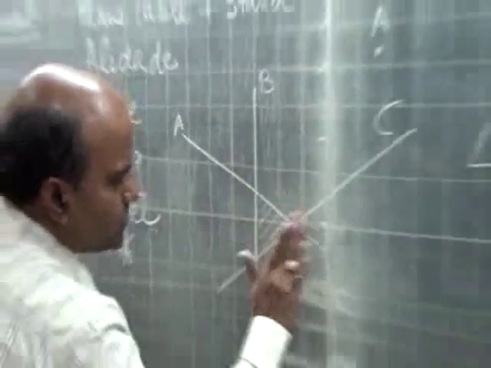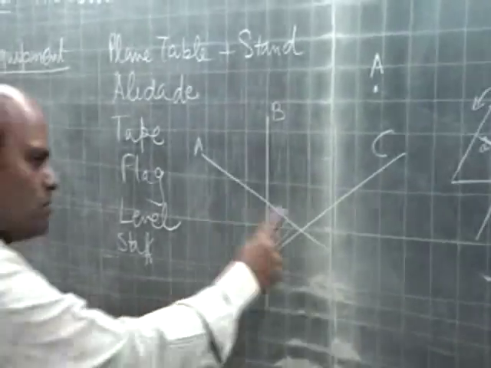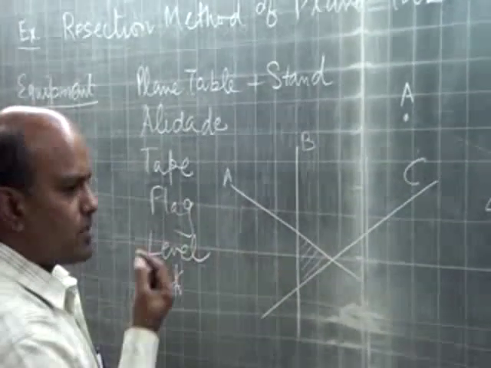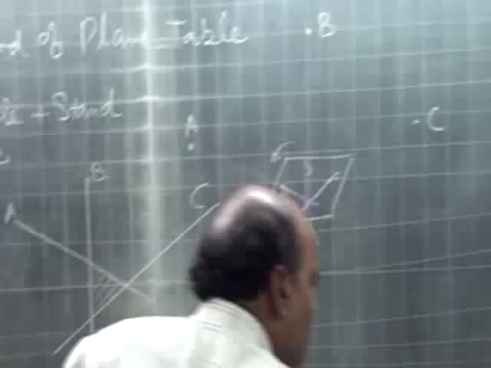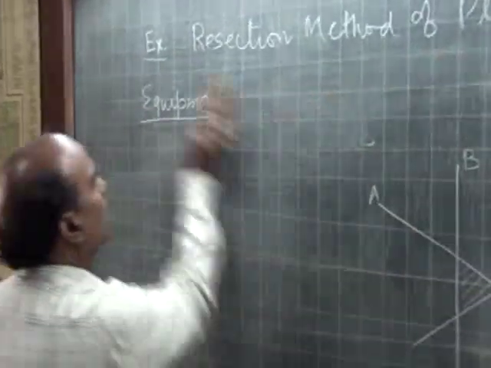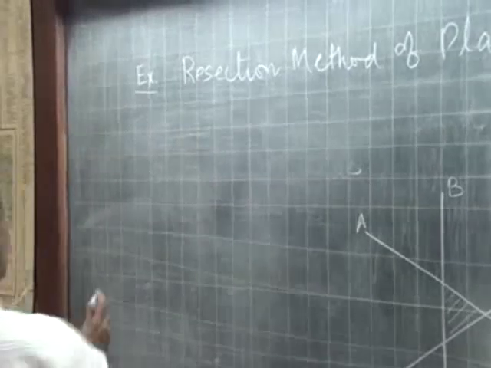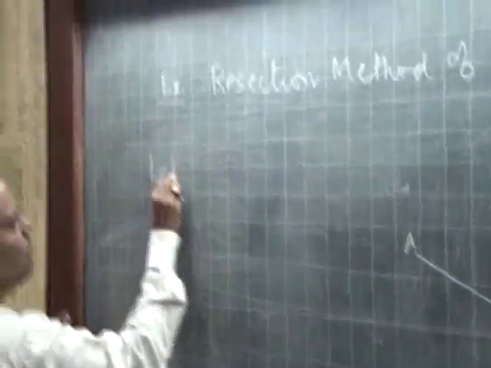To reduce this triangle of error into a single point, we will now use the well-known Lehmann's rules. There are three rules which will be used for solving this problem.